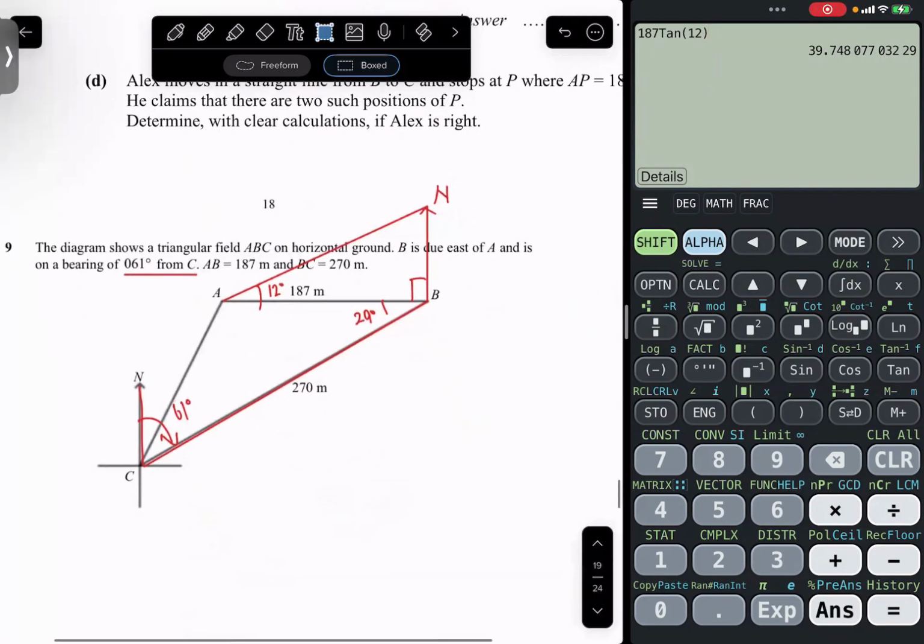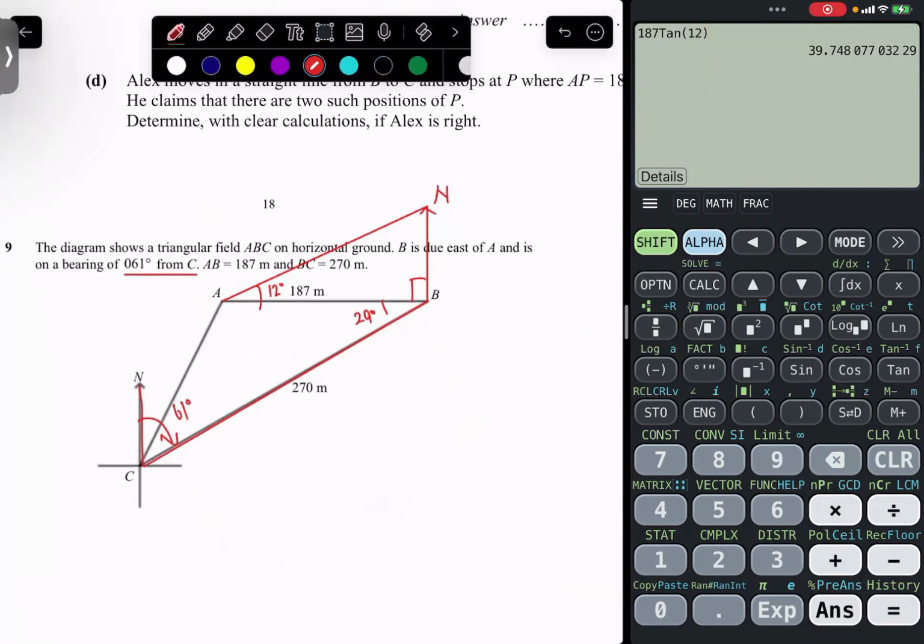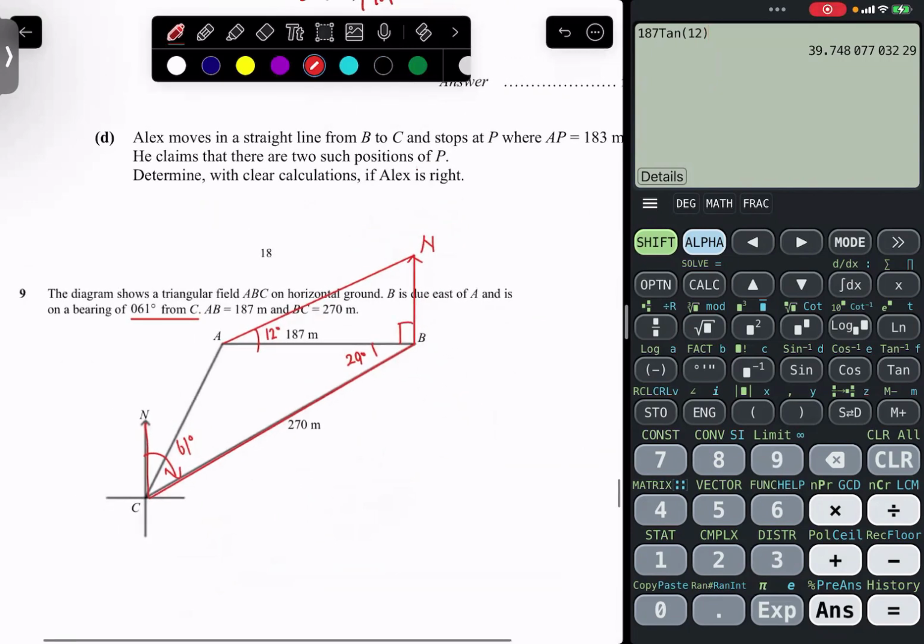We know that Alex is moving from B to C and is going to stop somewhere along the line. AB is 187, so this will be slightly less than 187. Let's say he stopped down here, this is P1, and AP1 is 183 meters, based on what the question says.